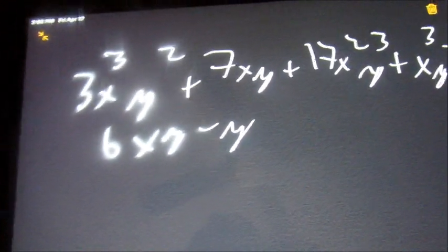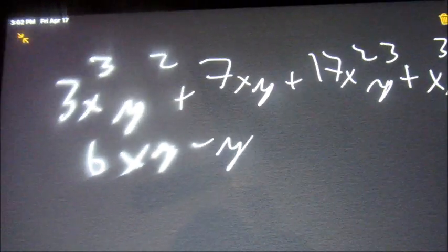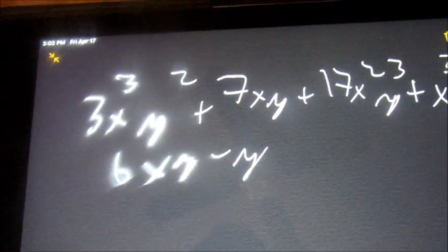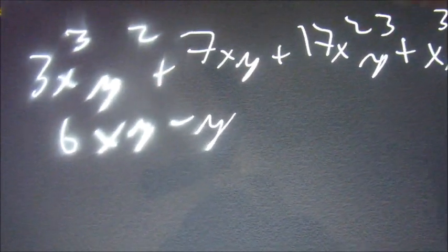Okay, so again, now here we have x to the 3 y squared and x squared y to the 3. Even though the letters and the numbers are the same, they're not exactly the same, because this one is x to the 3, this one is x squared. That means they're different. So I'm going to rearrange these.